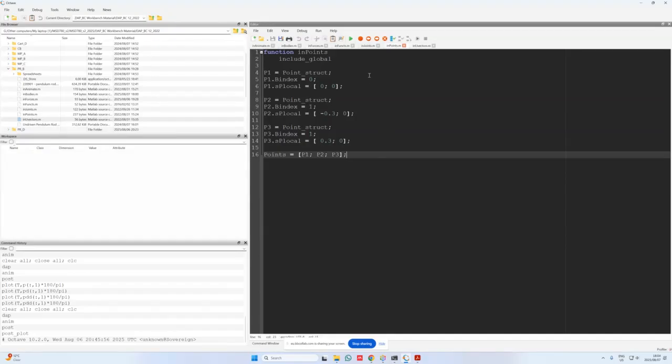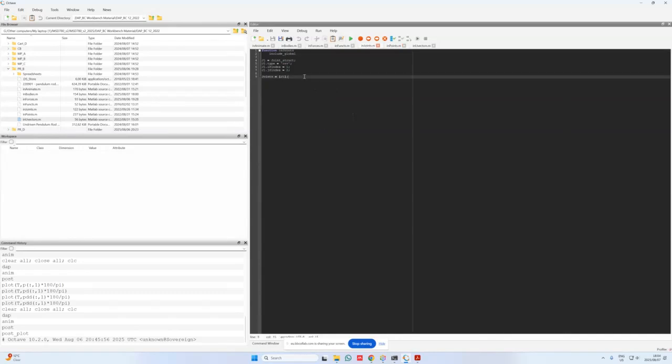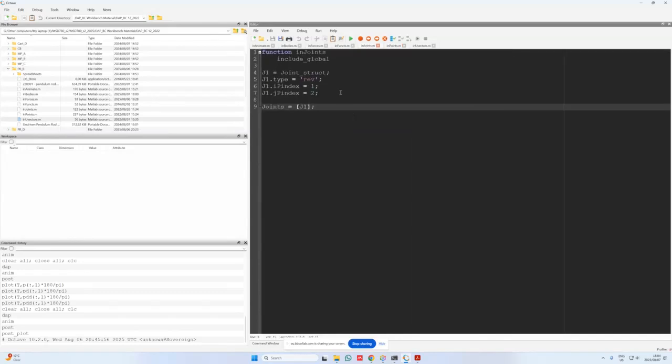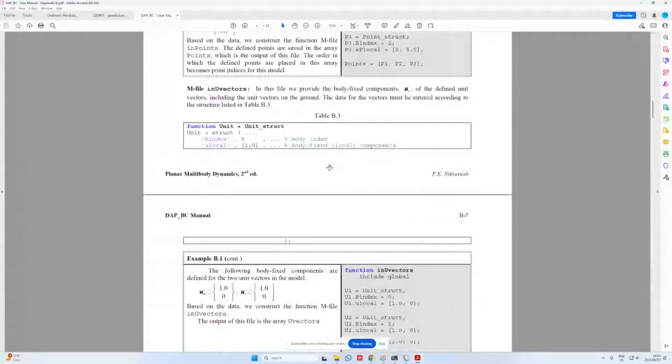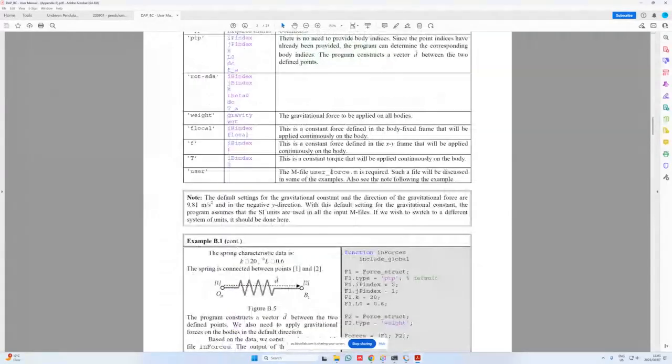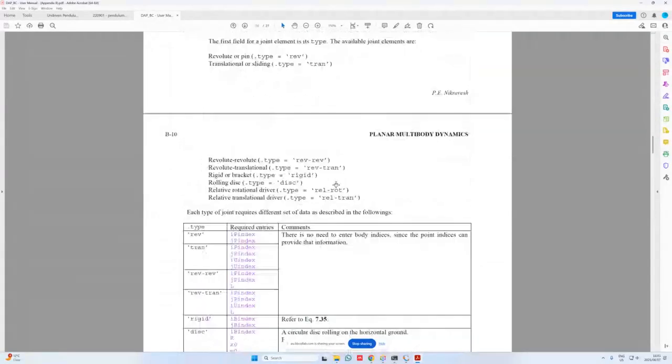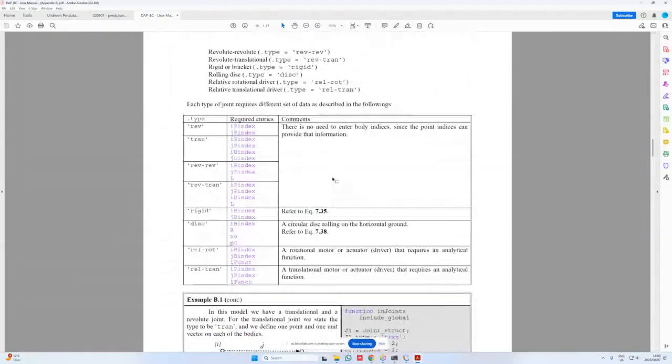Right, so once I'm happy with that, I can go over to the in joints file as well. This is where I actually define the connections between the bodies, the kinematic joints that I have to set up. To better understand this, I can head back to my user manual and scroll down to the in joint part.